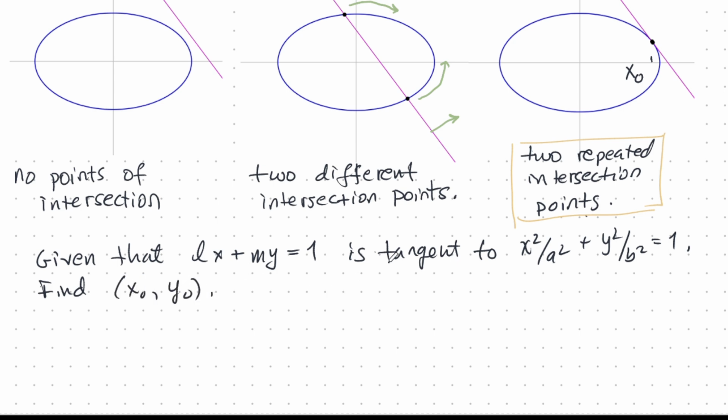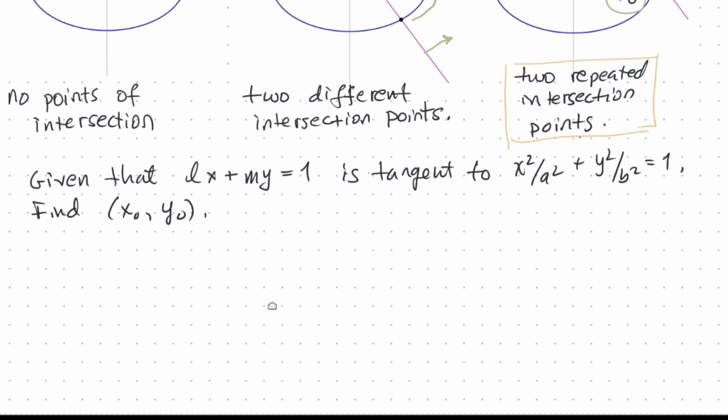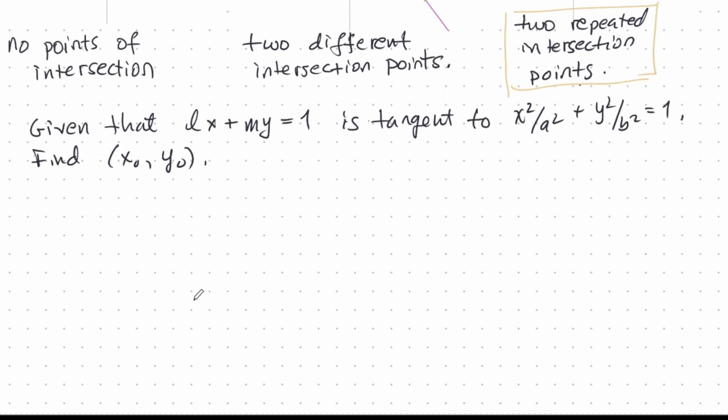What we can do is start by finding x0, and then we'll plug x0 into something. We have a lot of formulas here, and we'll be able to easily find y0. So our first job is to find x0.